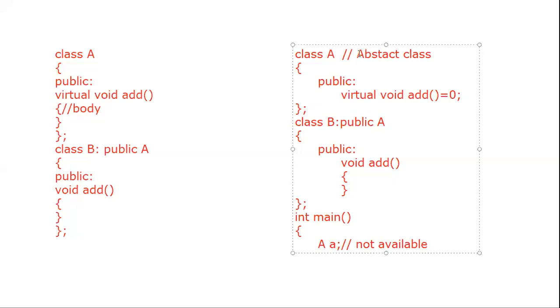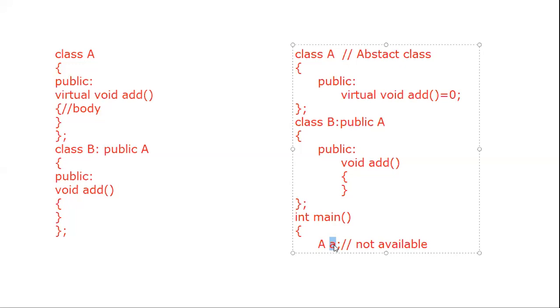Okay, so where the pure virtual function is available, that particular class is known as an abstract class. And for an abstract class we can't create the object to call all the members available inside it. This is the most important concept with respect to abstract class.